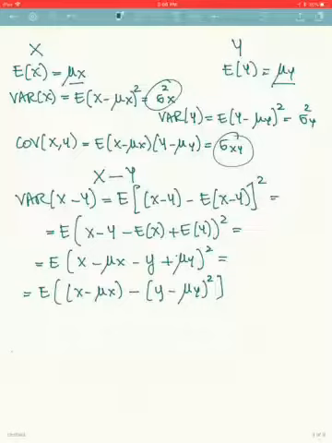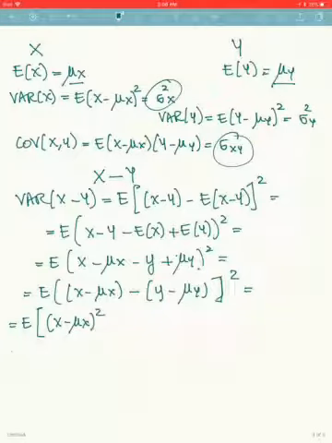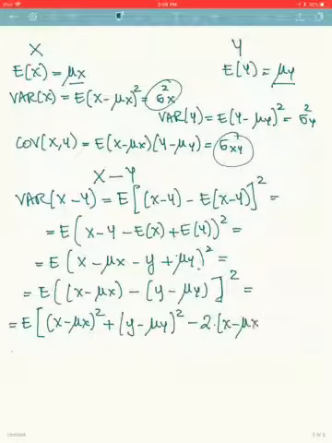Oops, this is supposed to be the square outside, that's why you need to be careful. And now I'm just going to do the square piece by piece. So I have the expectation of x minus mu of x squared, plus y minus mu of y squared, minus 2 times x minus mu of x and y minus mu of y.